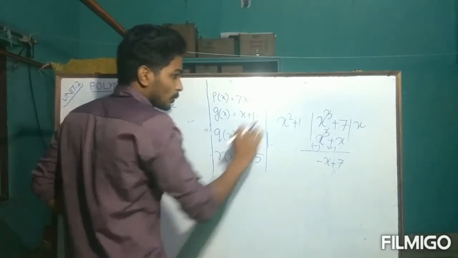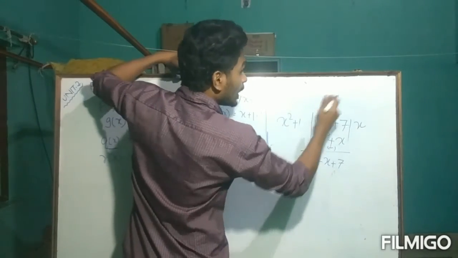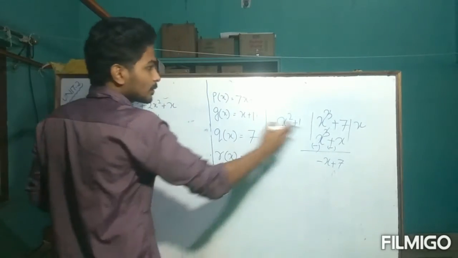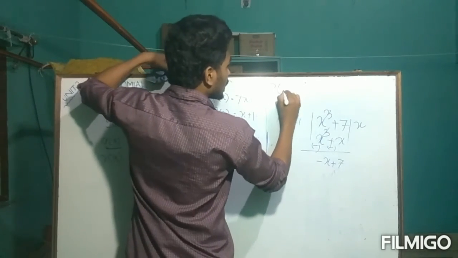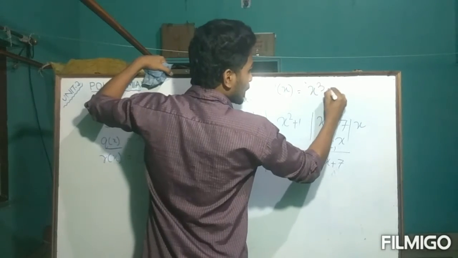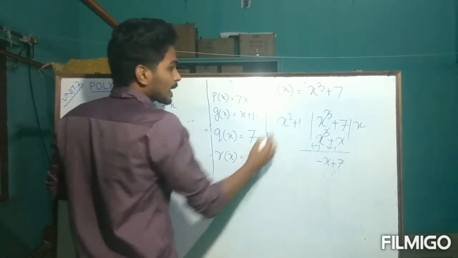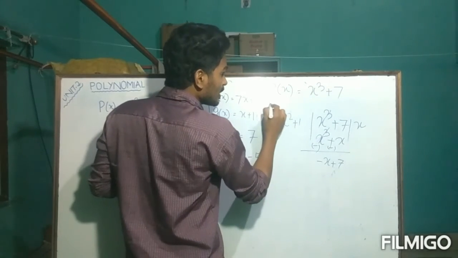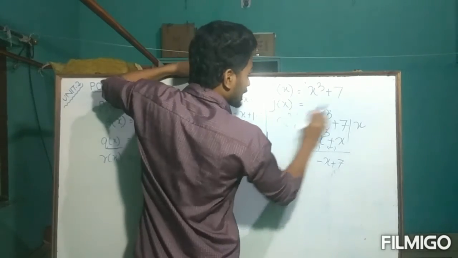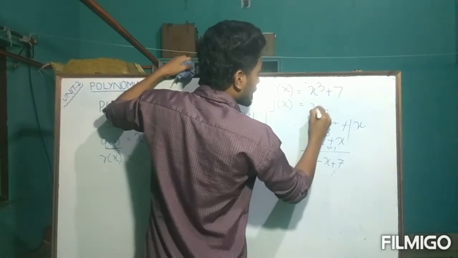Okay. So now we will write what will be the dividend, divisor, quotient and remainder. So in this case, we have the dividend is x cube plus 7, okay, and this is the divisor. So g of x is equal to how much? x square plus 1.